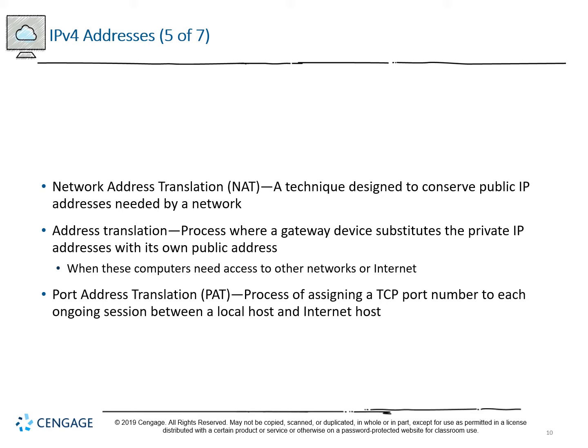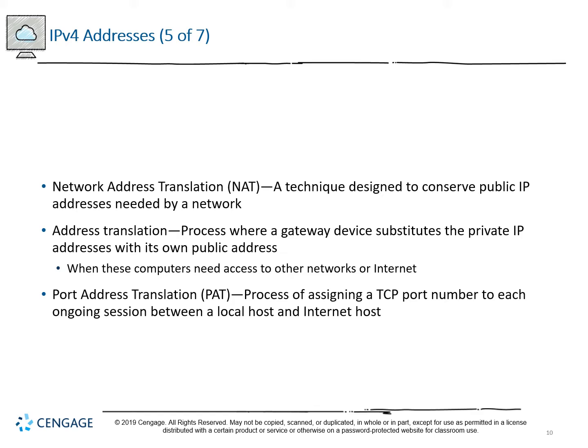So address translation is where we have a gateway device such as a router that will substitute our private IP addresses with its own public address and combine it with what's called a port and socket arrangement. Now, when we pass things out, it's encapsulated as part of traffic coming from our gateway device, and then when it comes back in, the gateway device has to translate the information that it receives back into something that's usable internally.